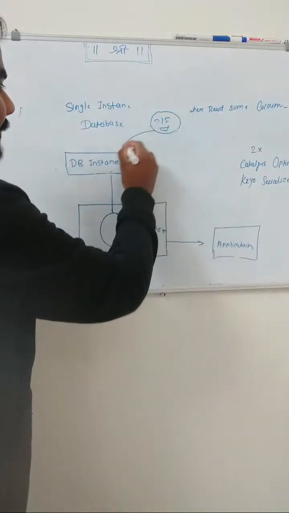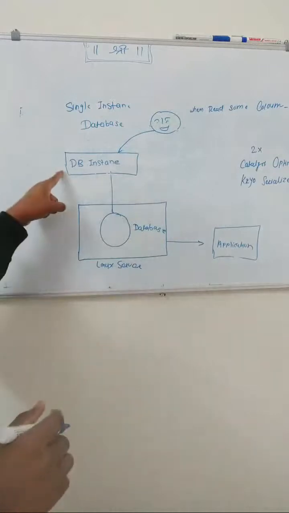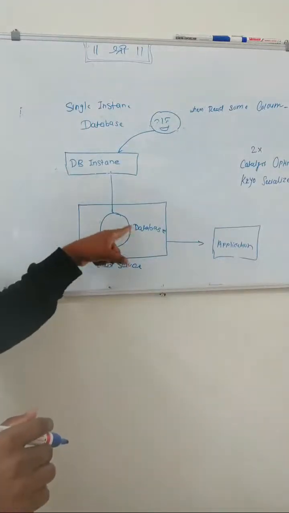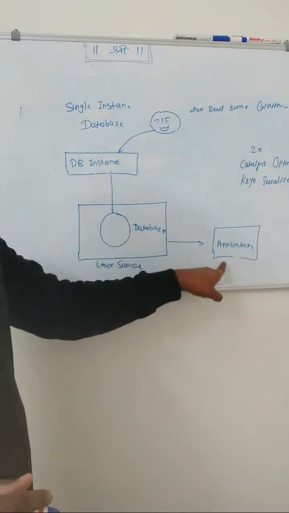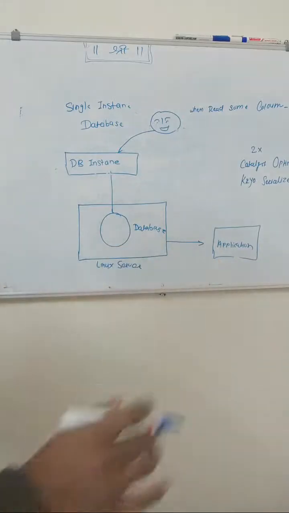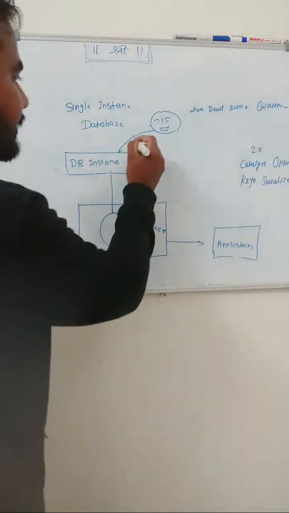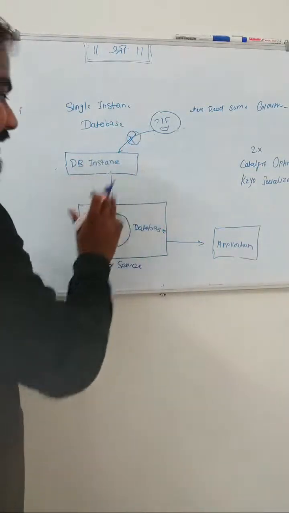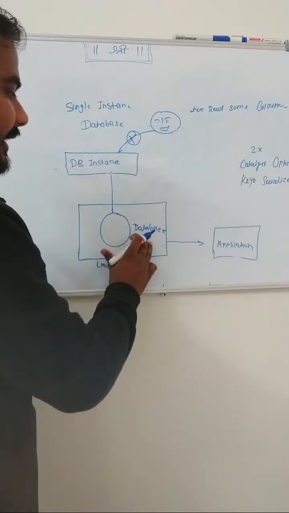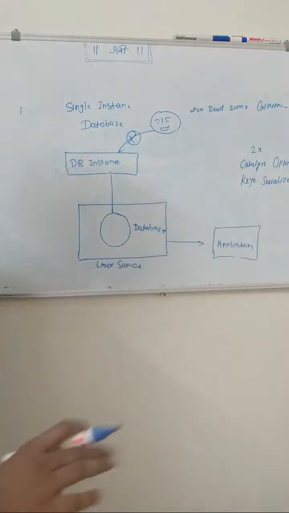I am trying to make the connection with the instance, and the instance will make the connection with the database. And the database is already connected with the application. Now most of the time, if your instance is down, then your database will not be useful.